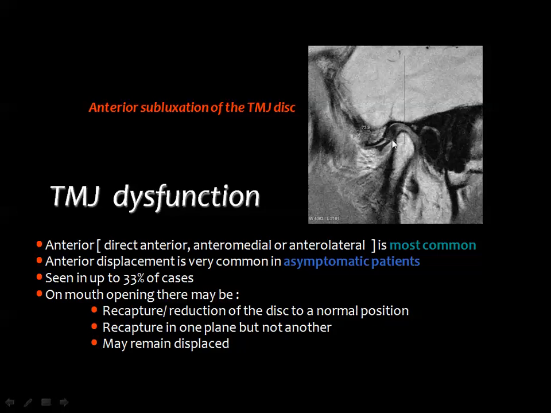And if you look to this sagittal MR of the temporomandibular joint, you can easily appreciate that this disc is slightly subluxated anteriorly. And this is the most common abnormality in this joint, which is abnormal anterior position of the articular disc. And anterior displacement is very common, and sometimes or many times it is asymptomatic.